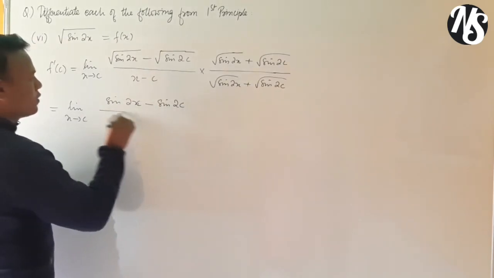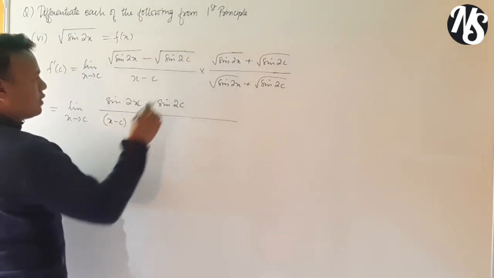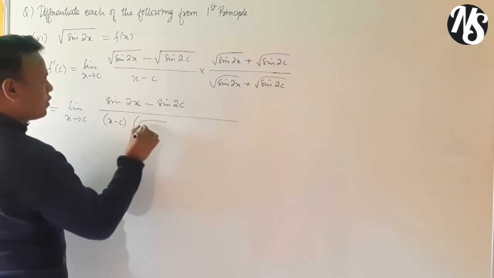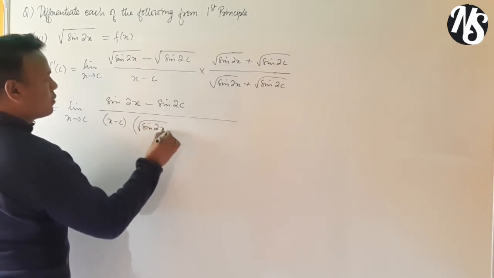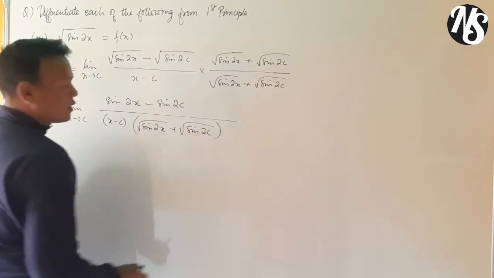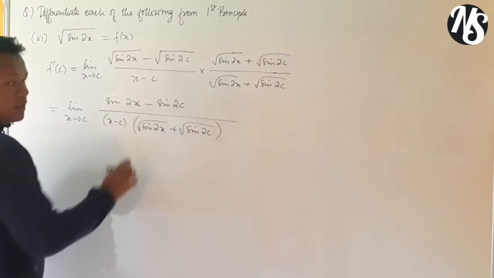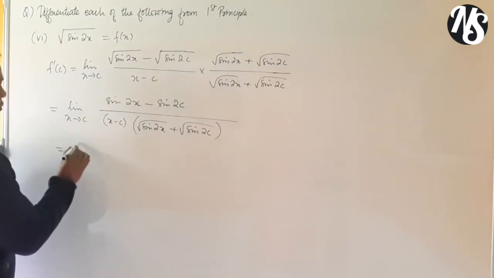So in the denominator we get (x minus c) into [square root of sine 2x plus square root of sine 2c]. Again we have to apply the same formula, sine c minus sine d.